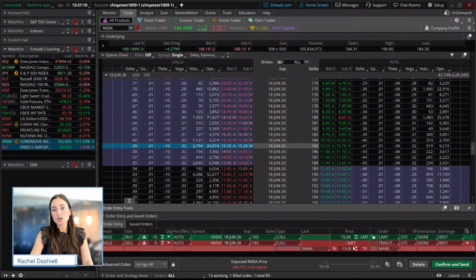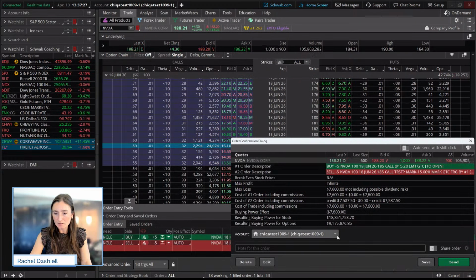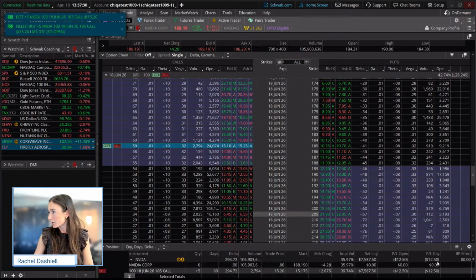We are using a market order in this case because the spreads are pretty tight. So we just want to get out immediately in this case. So we are going to send this order, and we're going to hit confirm and send. And we're going to send this in our account there.